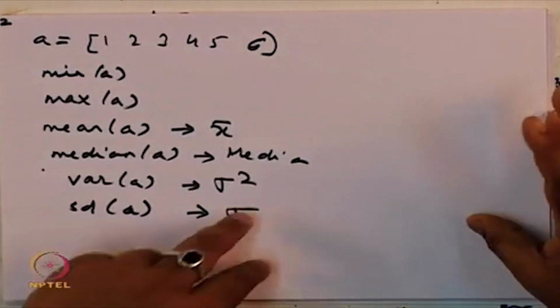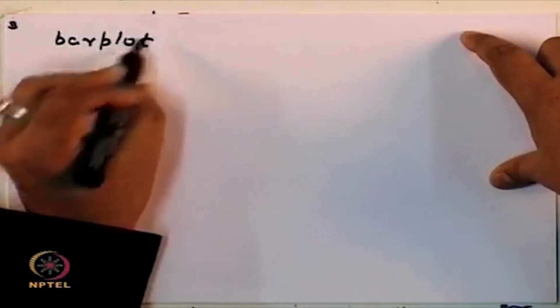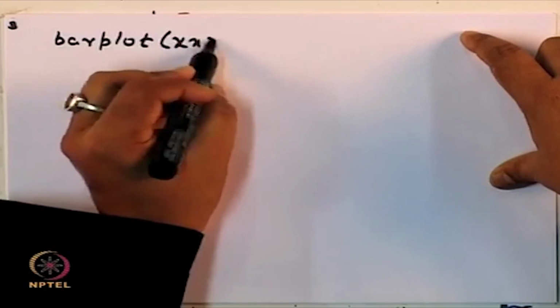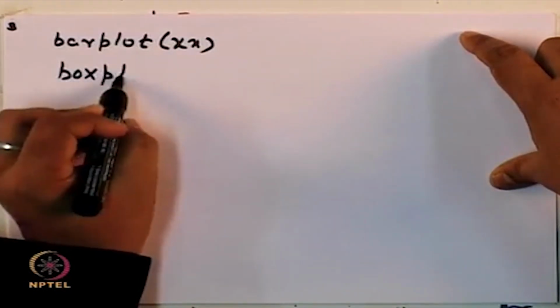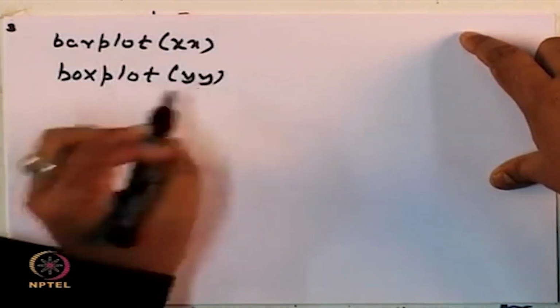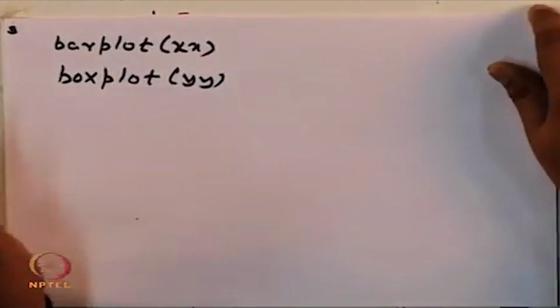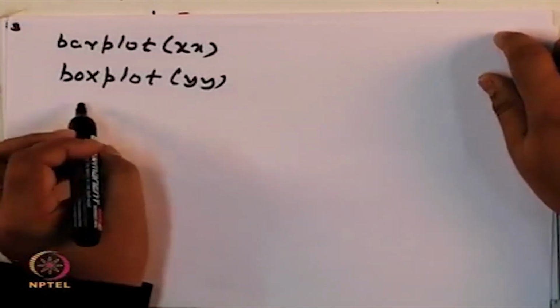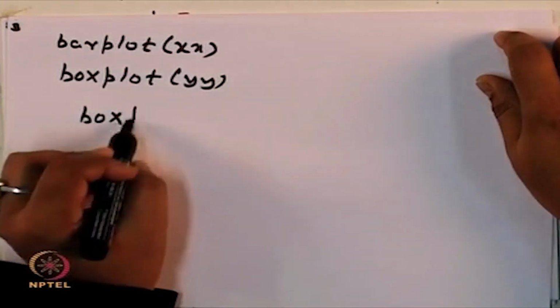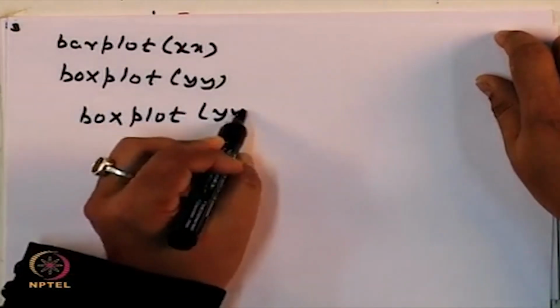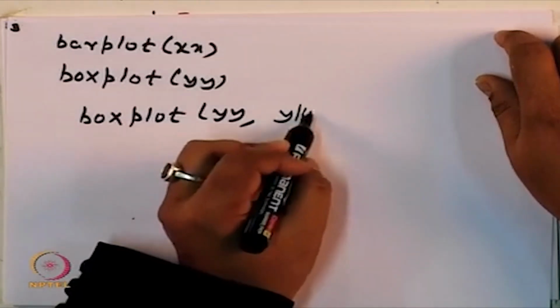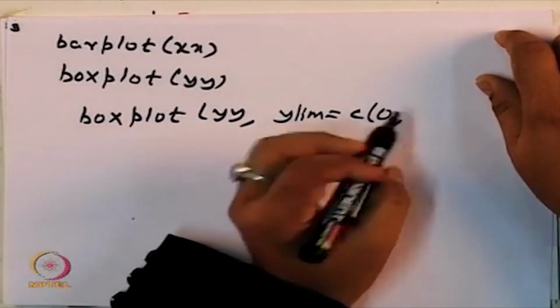Okay. Then we briefly discussed plotting. Once you have a vector you can use, let us say, a bar plot of xx or box plot of xx, yy, and you will generate all these plots with the plotting function. Let us say I could have written box plot of yy and then ylim is equal to c of 0 to 10.